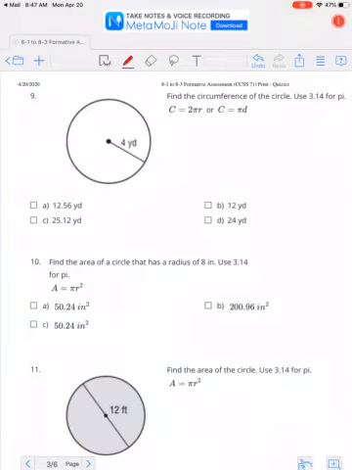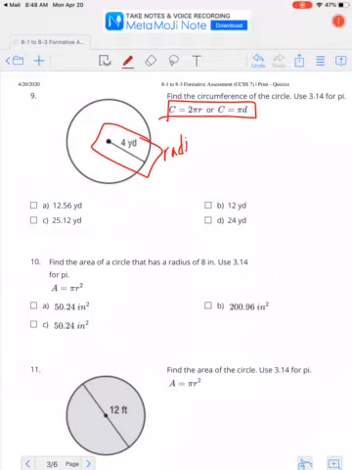All right, number 9. So this one, it says, find the circumference of a circle using 3.14 for pi. Again, here are our formulas. So C is equal to 2 times pi times your radius, or pi times your diameter. In the problem, if you look at your circle, we are given this is your radius.